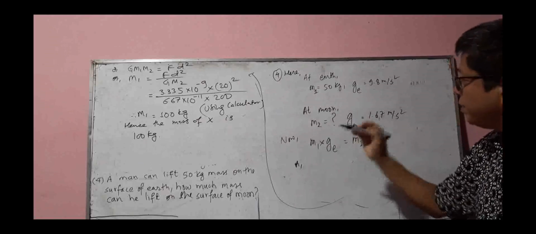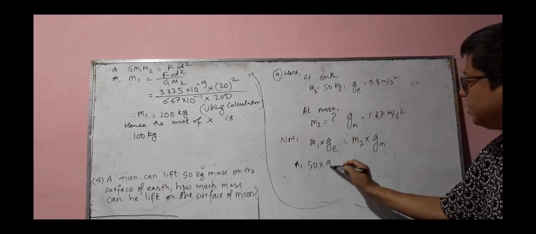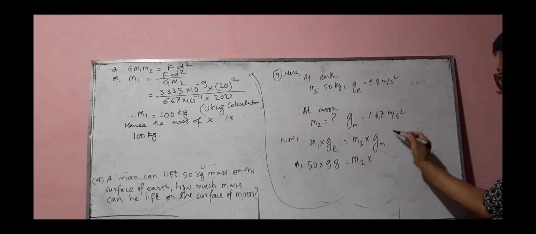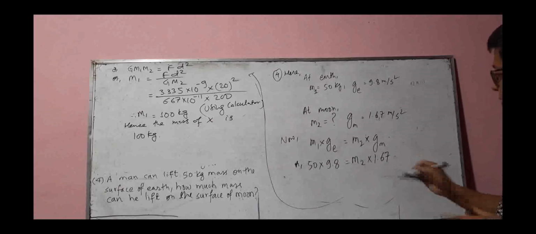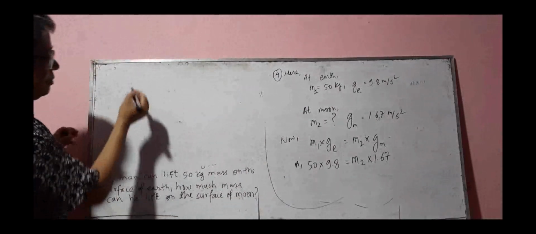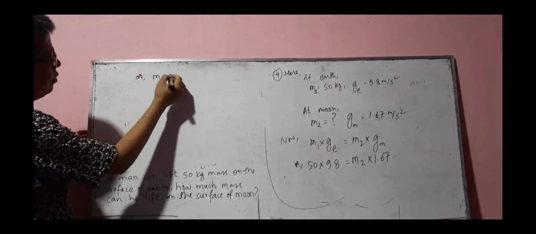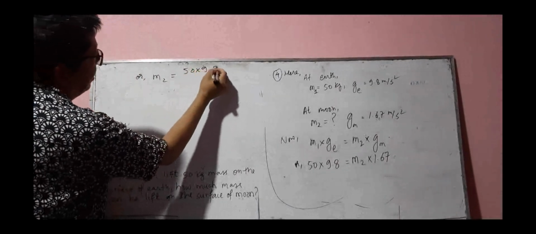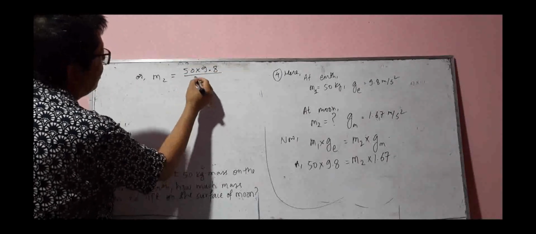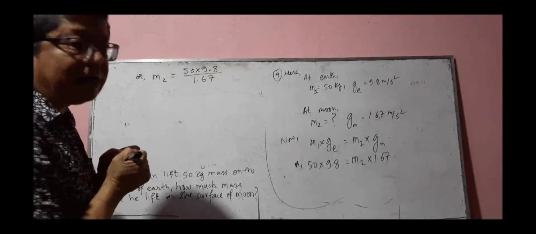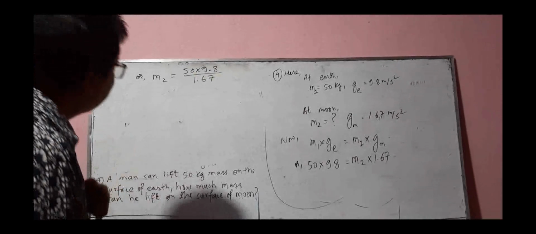So the value of m1 is 50, the value of g is 9.8, and value of m2 to be determined, and the value of g of moon is 1.67. Okay, so from that you can find m2 by calculating 50 into 9.8 divided by 1.67. By using calculator you can find the result.